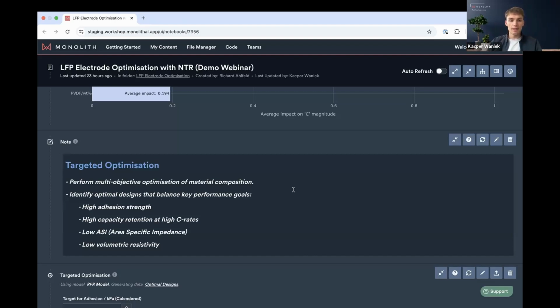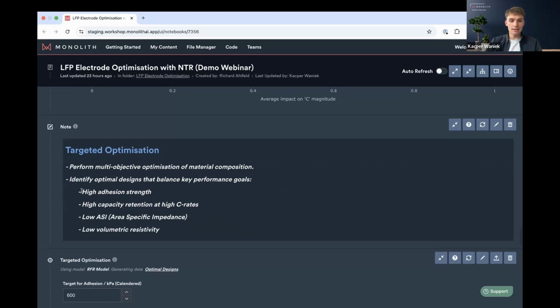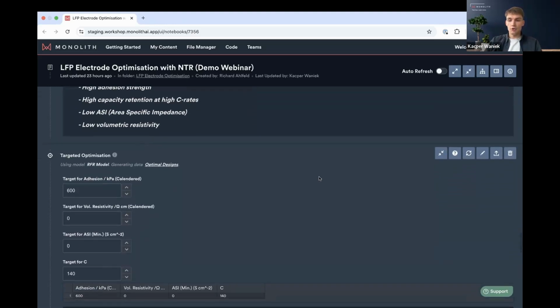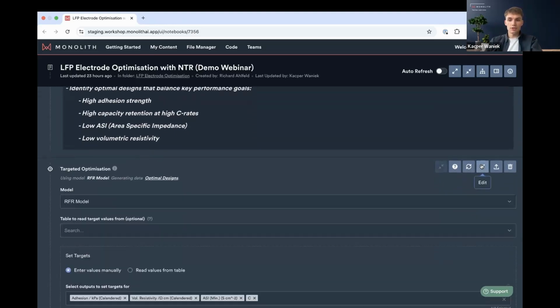In this case, we're aiming to maximize the adhesion strength, retain high capacity at high C rates. We want to minimize the area-specific impedance and then reduce the volumetric resistivity. Let me just open up the targeted optimization steps so you can have a clearer look at what this looks like.